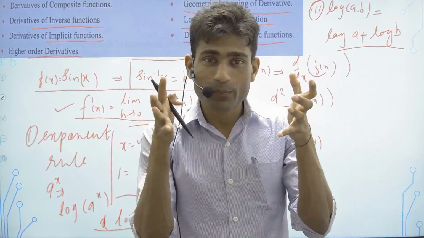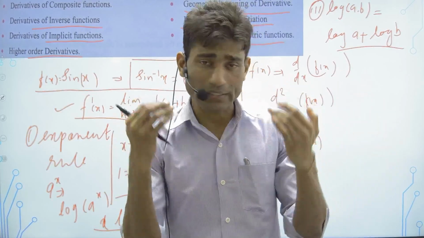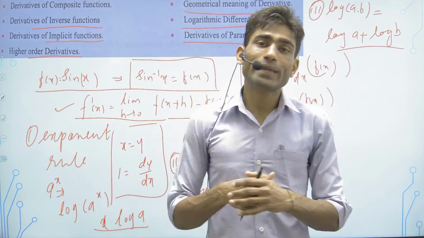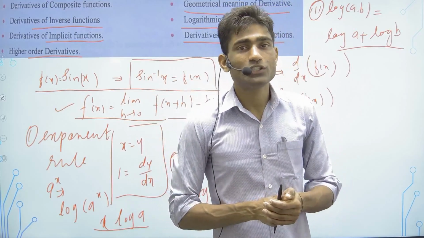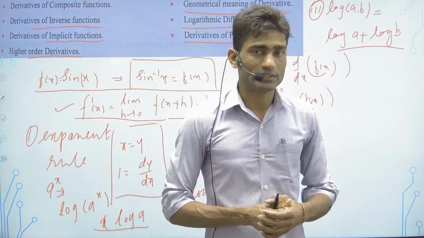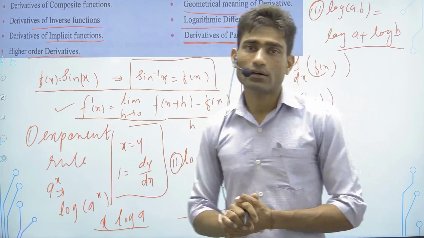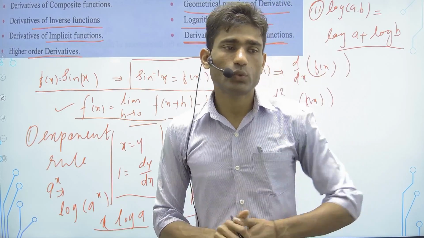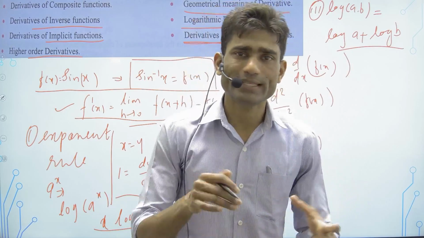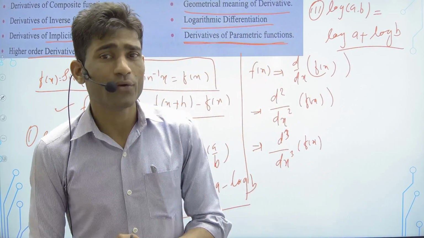That means differentiation of a function with respect to a function. In such a case we have to apply differentiation of a parametric function. I hope you all have understood this recap of all these topics.